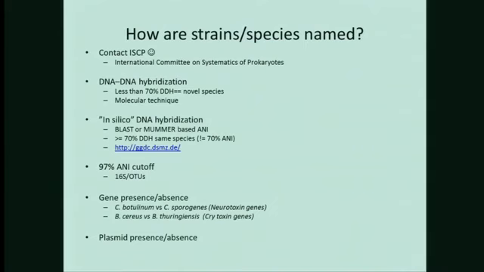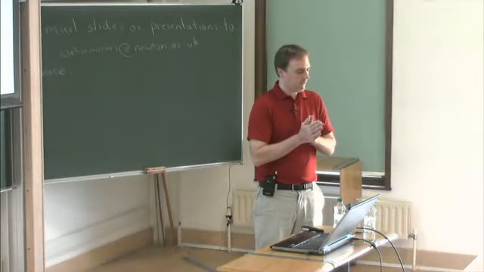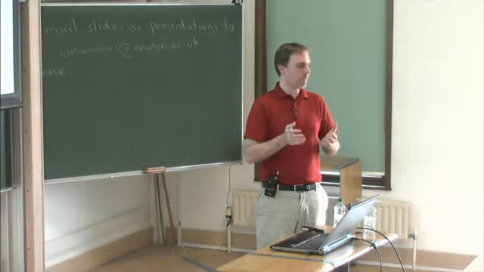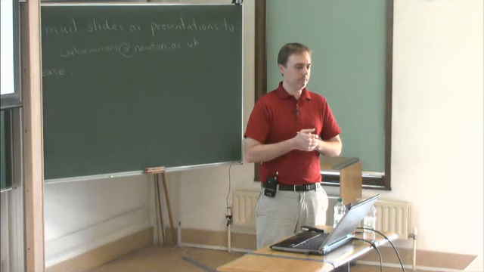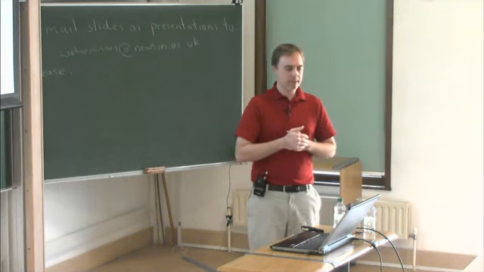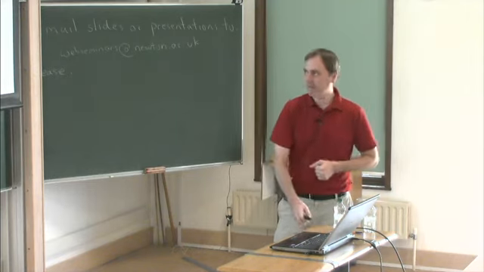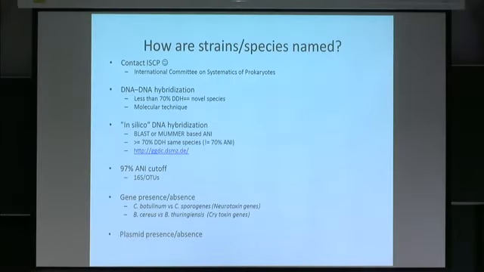So before I start, I want to say there's a lot of focus on names sometimes, and it's important. I just wanted to point out that there are a lot of ways that we can name things.